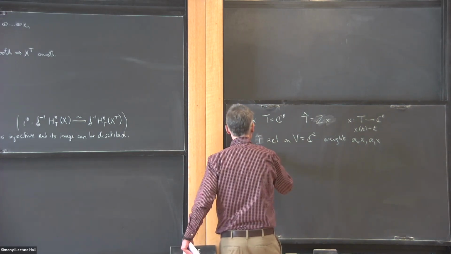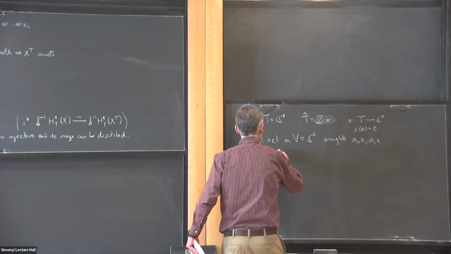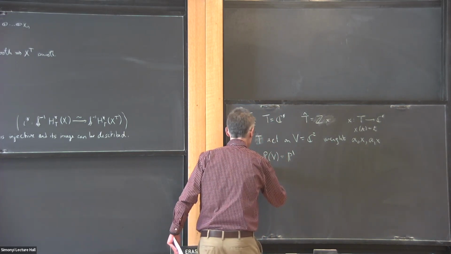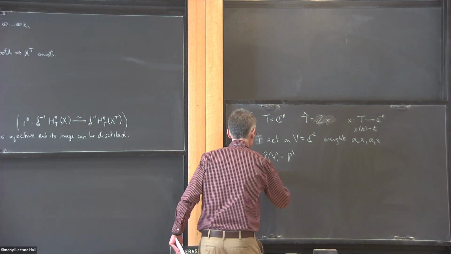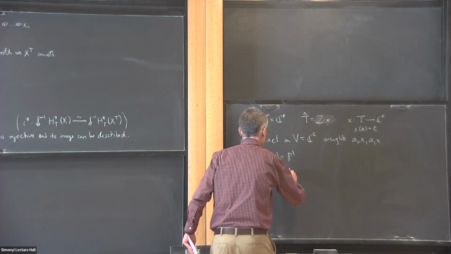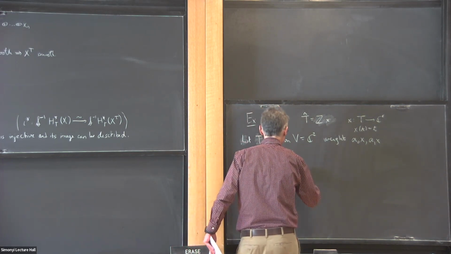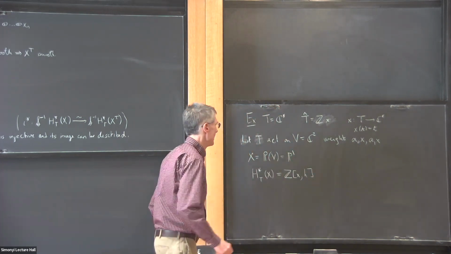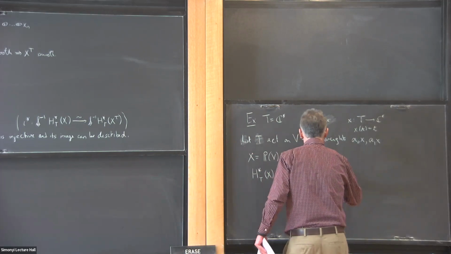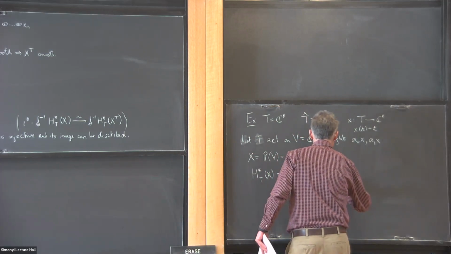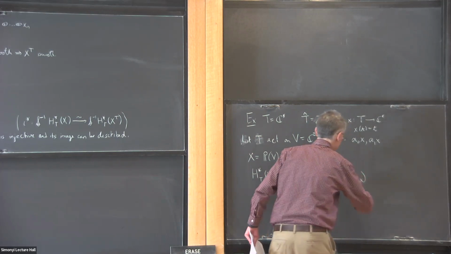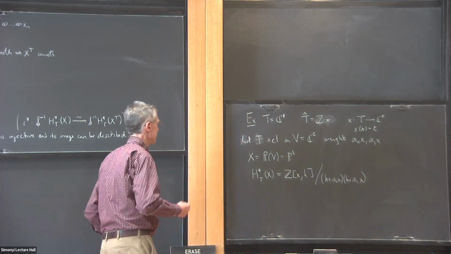So then X is going to be P of V, which is just P1. And we saw last time that H star T of X in this case was just H star of T, which is Z of x, and then I throw in the one indeterminate h, and then I have to mod out by the relation h plus a naught x times h plus a1 x. That's a special case of this calculation we did last time.